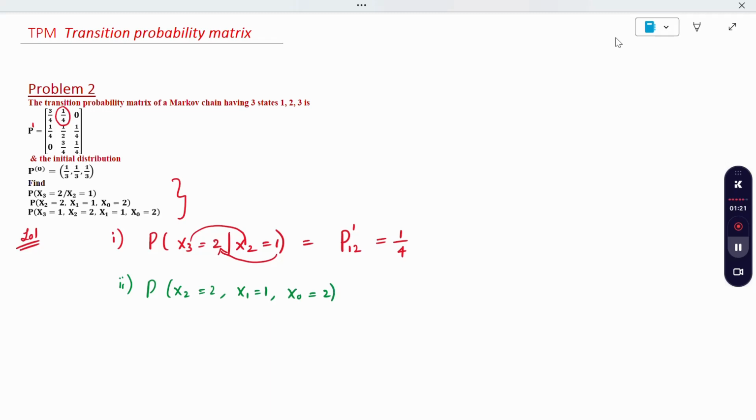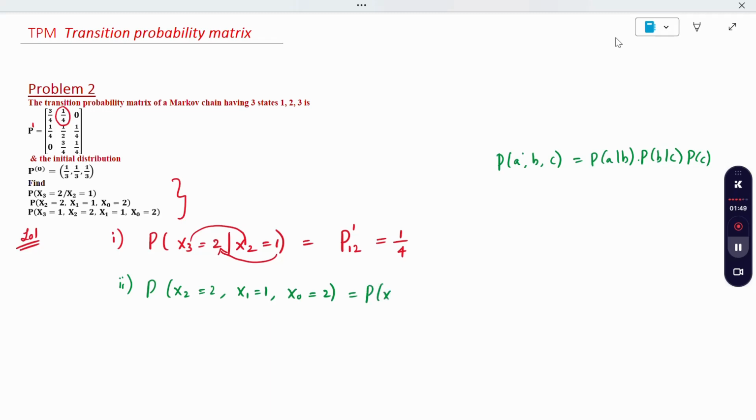As per the rule, probability of A, B, C is probability of A given B into probability of B given C into probability of C. I write it this way for a Markov chain because the future depends only on the present. The past is forgotten, and the rest carries on accordingly.